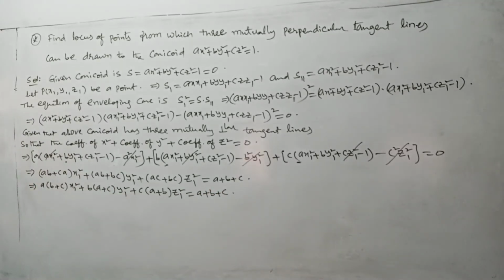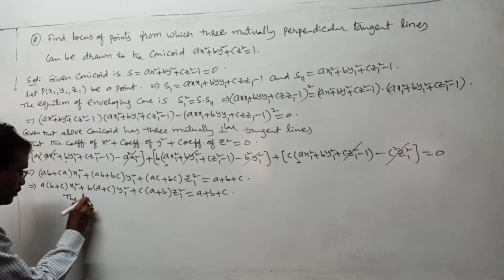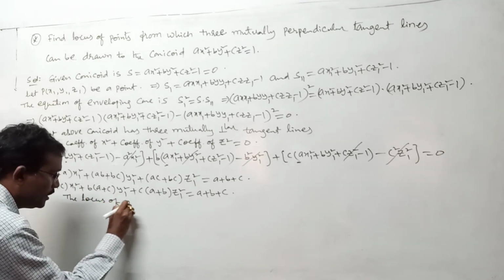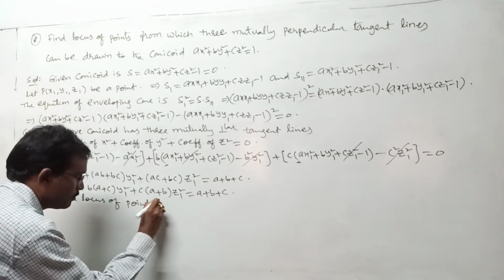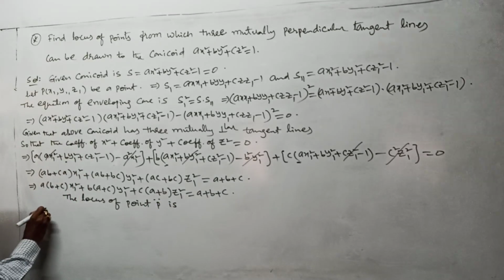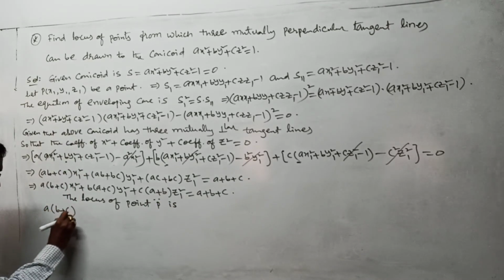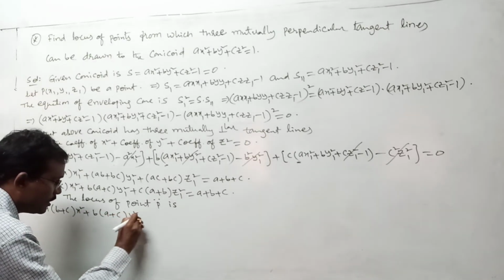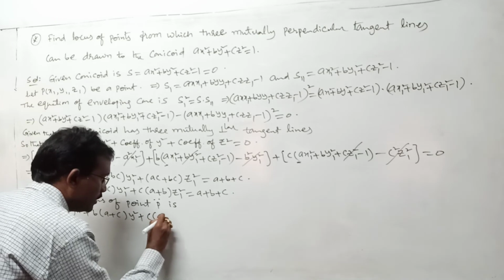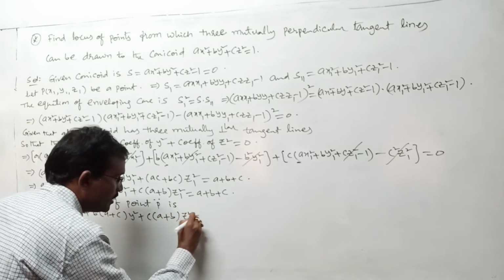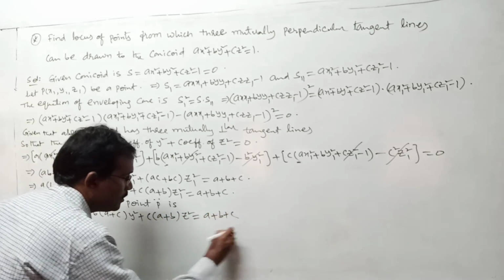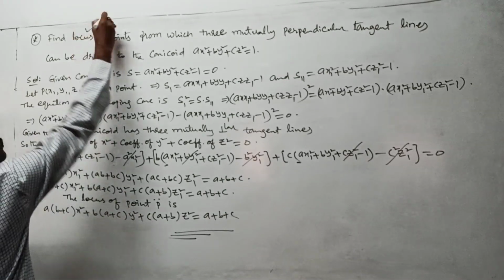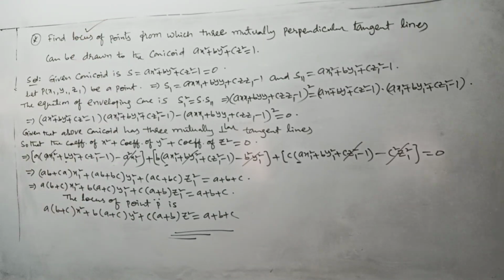After getting this, define the locus of point P. The locus of point P is a into b plus c x square plus b into a plus c y square plus c into a plus b z square is equal to a plus b plus c. This is your required locus of that point.